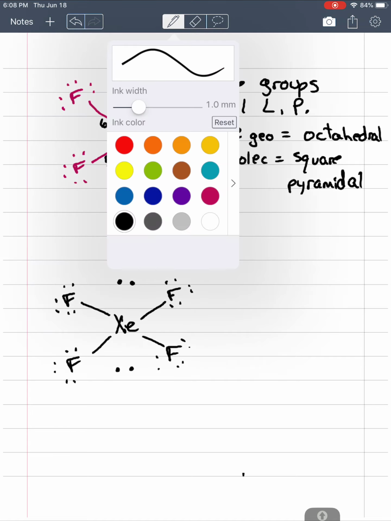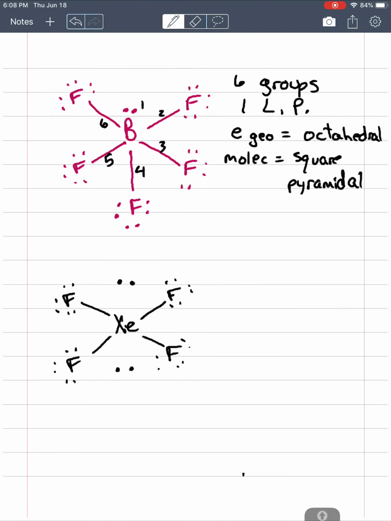All right, so let's count groups. 1, 2, 3, 4, 5, 6, and 2 lone pairs.